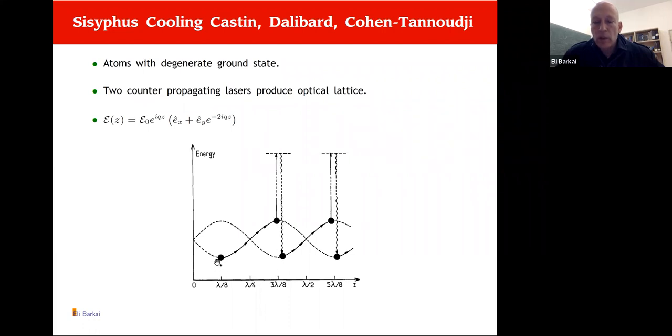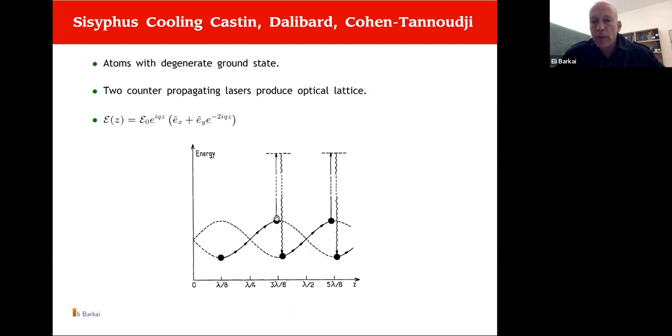Imagine an atom that goes up this hill, then goes down. So clearly you lost energy by going from the top of the hill to the bottom of the hill. And this process is what is going on here.